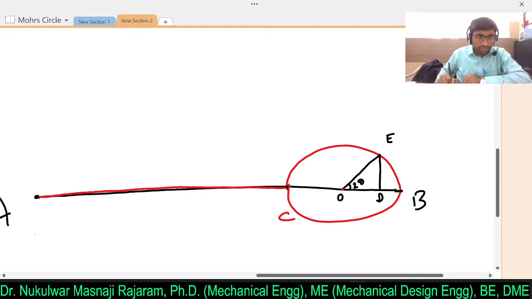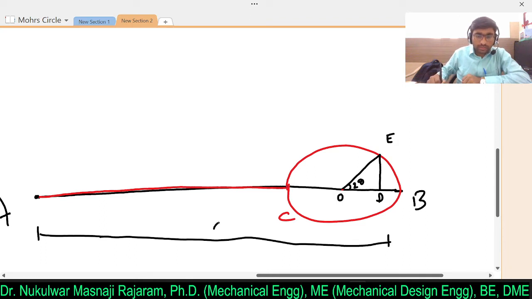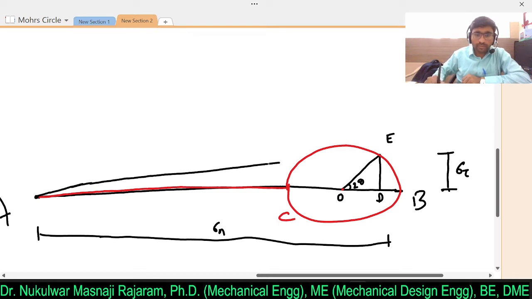Clear? And from A to D, this will give you the normal stress acting on the body, and this is the tangential stress acting on the body. If you join A to E, this line gives the resultant stress.